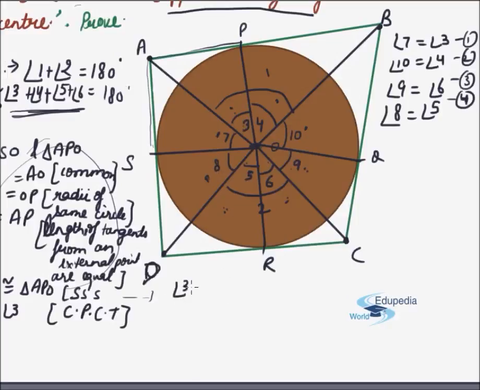Thus we can say that angle 3 plus angle 4 plus angle 10 plus angle 9 plus angles 5, 6, 8 and 7 are all equal to 360 degrees.